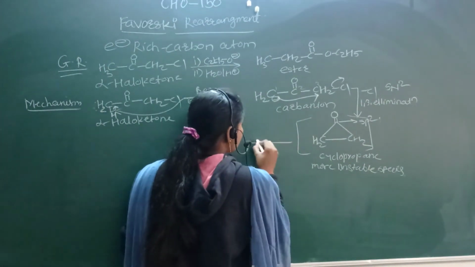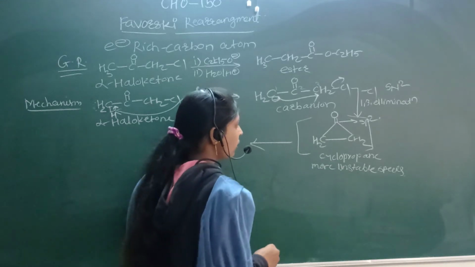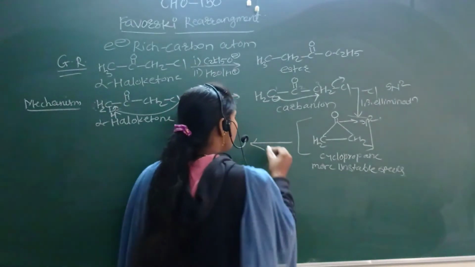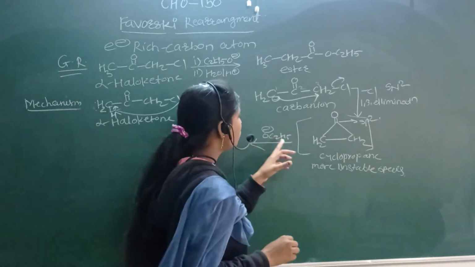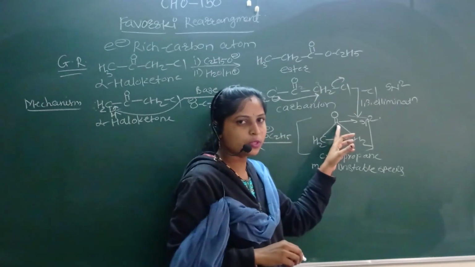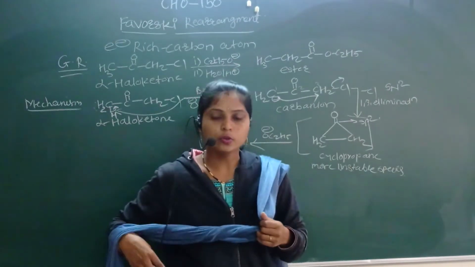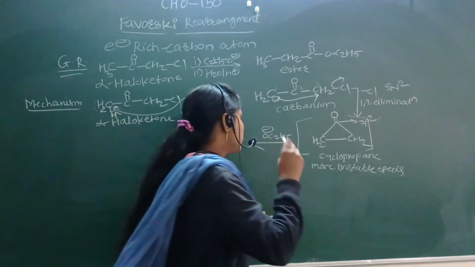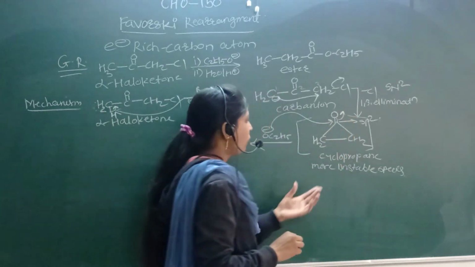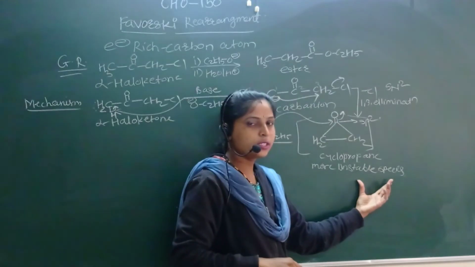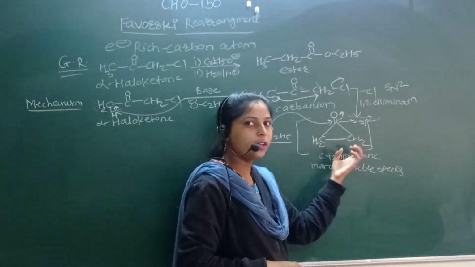So this undergoes the next step. Again we have to use the base OC2H5. So this negative charge attacks this carbonyl carbon, because this carbonyl carbon is electrophilic in nature. So the base attacks this carbon, because this is a more unstable species, because of this cyclopropane due to what?